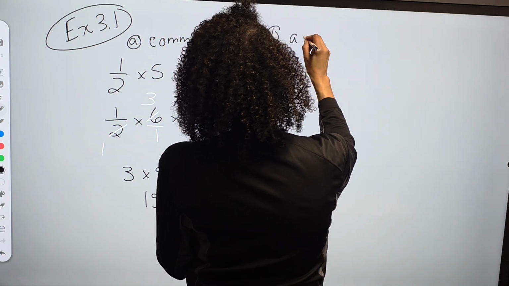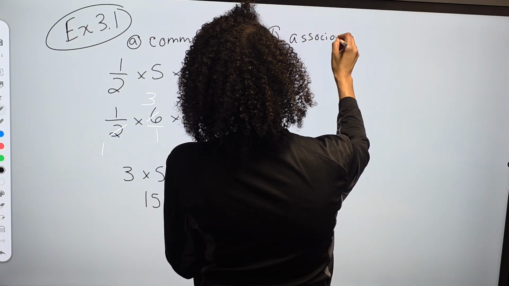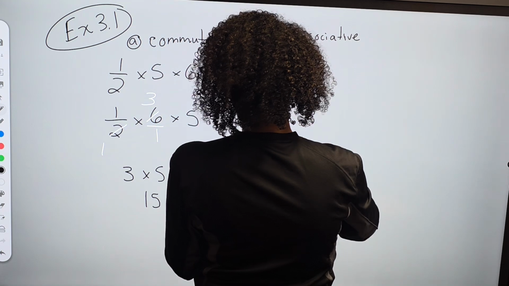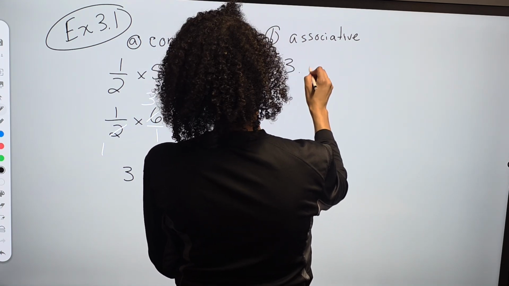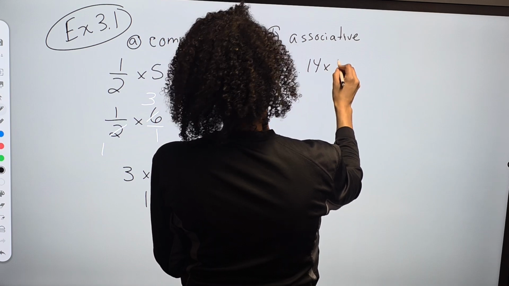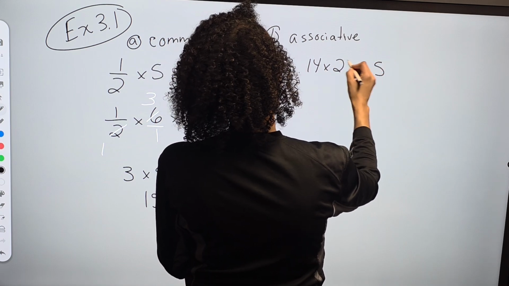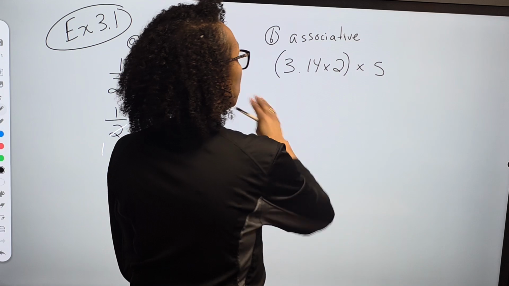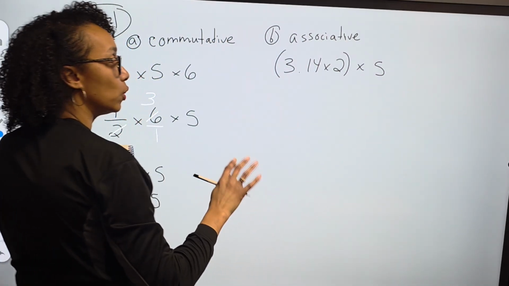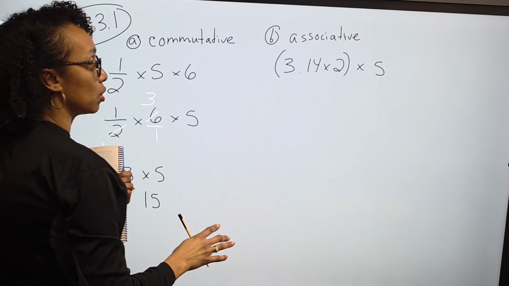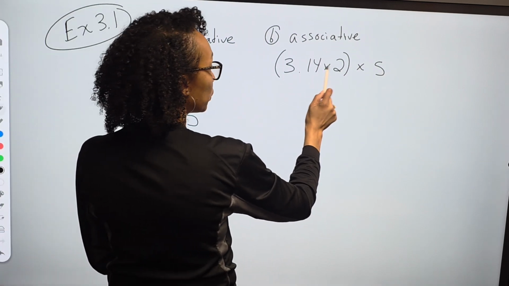They want us to use the associative property. And this one has 3.14 times 2 times 5, okay? I noticed that they're all multiplication, right? There's no add or subtract or some other property or other function. It's only multiplication.